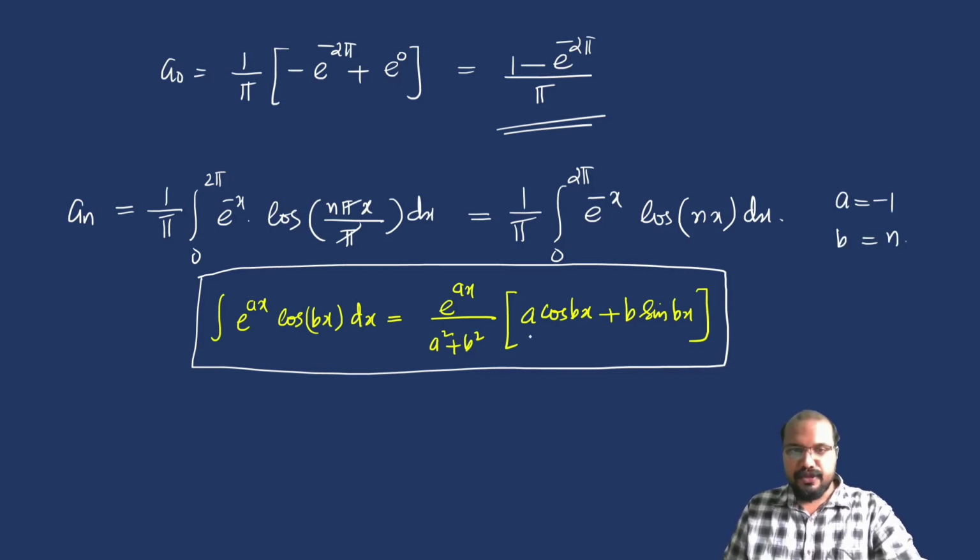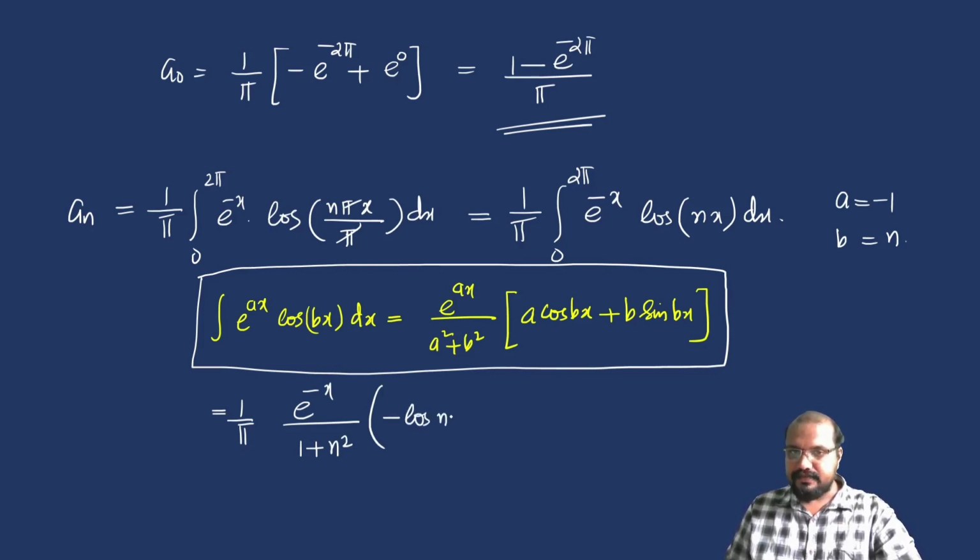Now we can use this formula: 1 by pi e raised to minus x by (a square, minus 1 square, it is 1, plus b square, n square) into (a cos bx, here a is minus 1, therefore minus cos nx, plus b sine bx, n sine nx). You can use this formula.